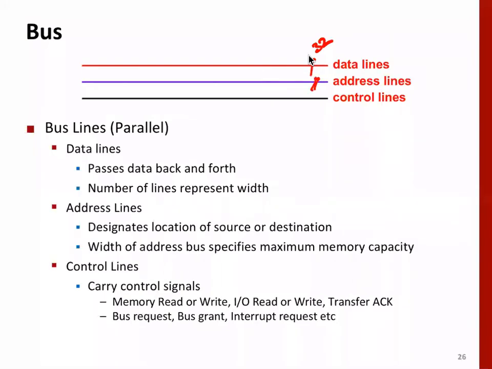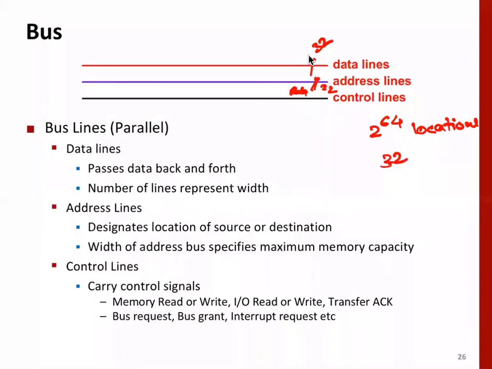So if the memory has 2 raised to the power 64 locations, then this is likely to be 64, but nobody can strongly say that it will always be 64. It can be 32, but it will take 2 cycles to carry the addresses. So usually it is 32. For example, for a 32 bit processor, it's usually 32 bit.